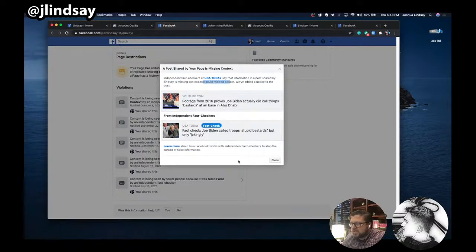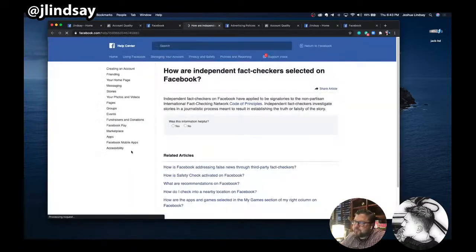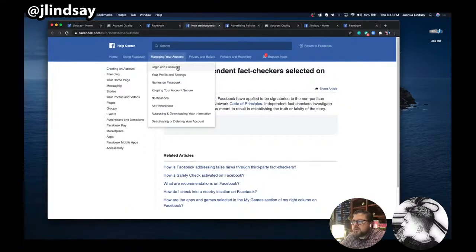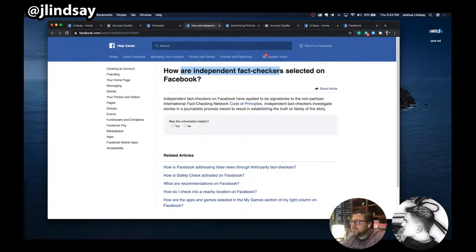No, he actually said stupid bastard. And he meant it in a disparaging or insulting way, or at least that's how I heard it or saw it. You be the judge. But let's see what the fact check says. So, Facebook, how the independent fact check selected on Facebook. I don't care about that.